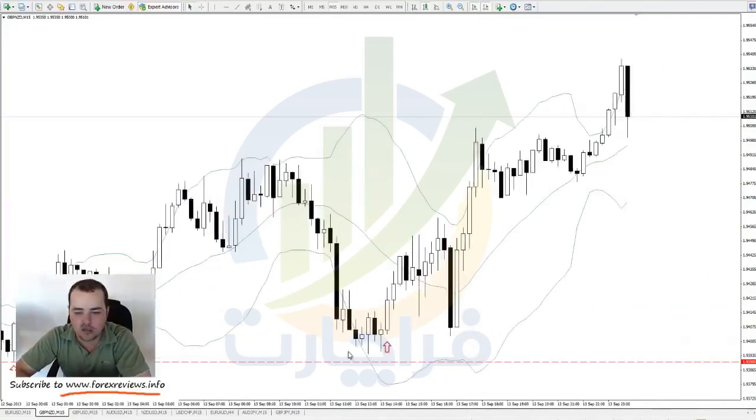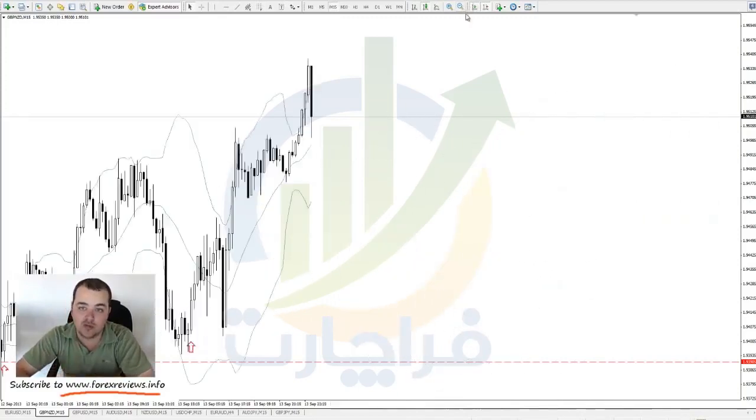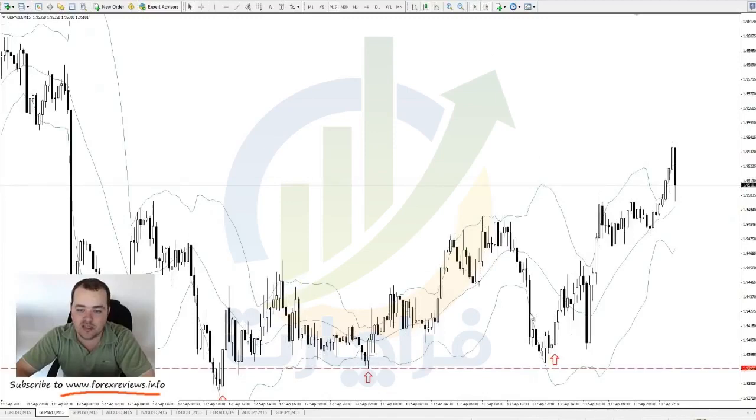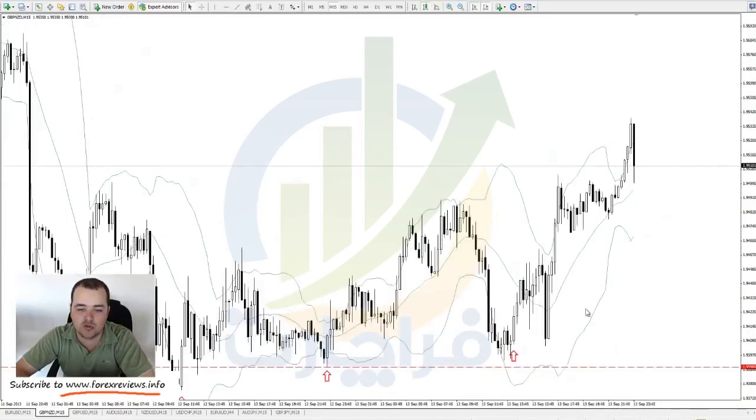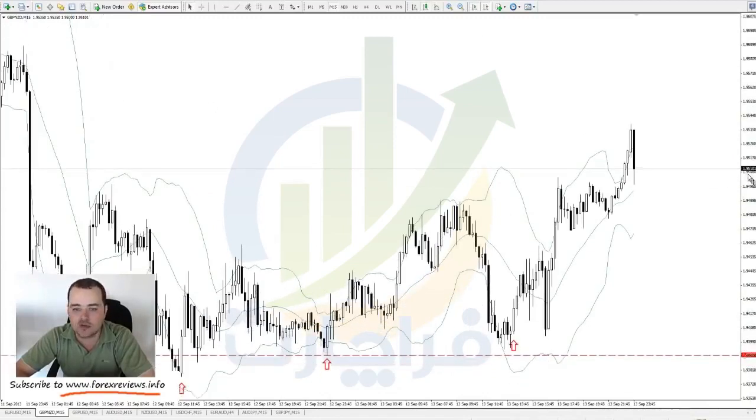I risked about 48 to 50 pips, so it's a bit over 1-to-1 on that trade. So that's the GBP New Zealand. I've got a couple of trades out of that, which was quite nice, both pretty much 1-to-1. And I just wanted to show you the mindset.